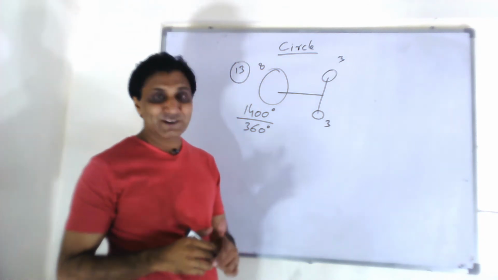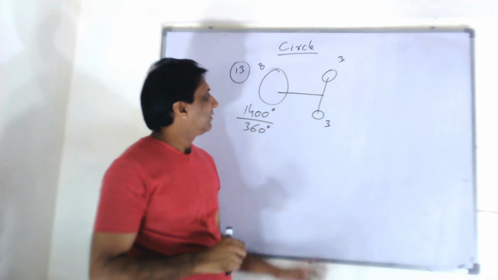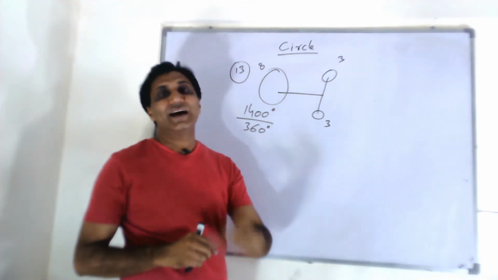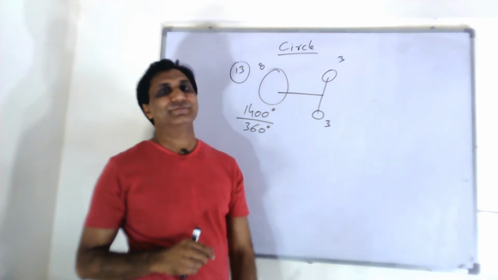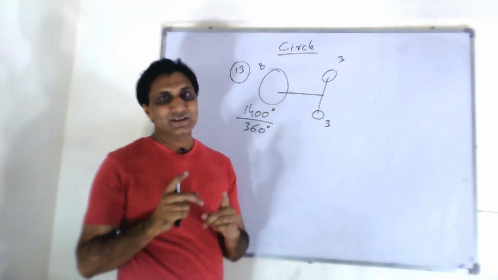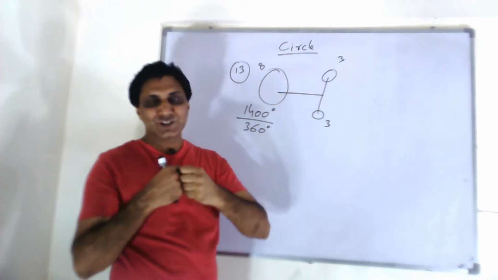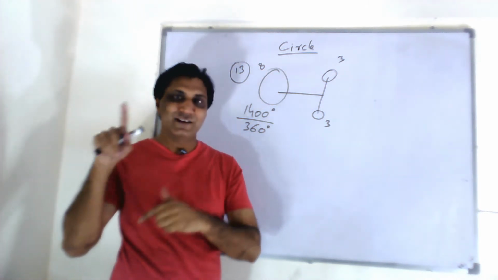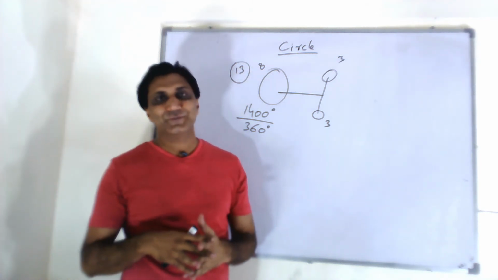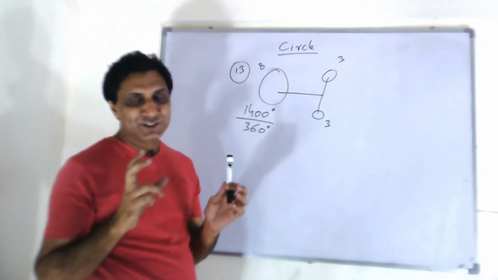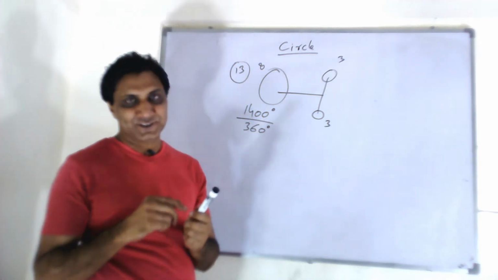Now, one very important thing is this. The larger the wheel, the fewer the revolutions. The more the diameter, the less the RPM, because this is larger. They are matched up here. So the larger one will make one revolution, the smaller will make 2, 3, 4. So the relationship between diameter and revolutions is inverse.